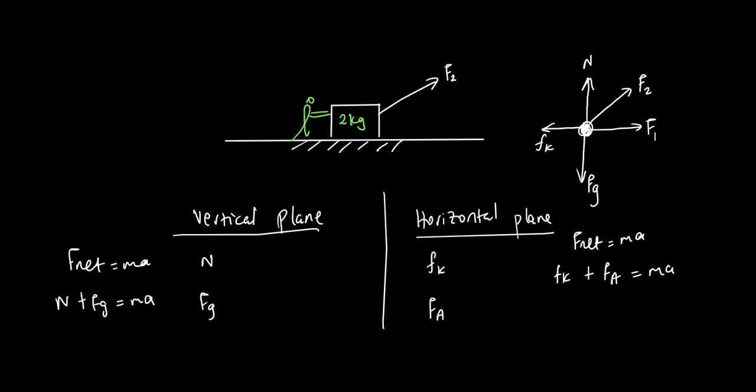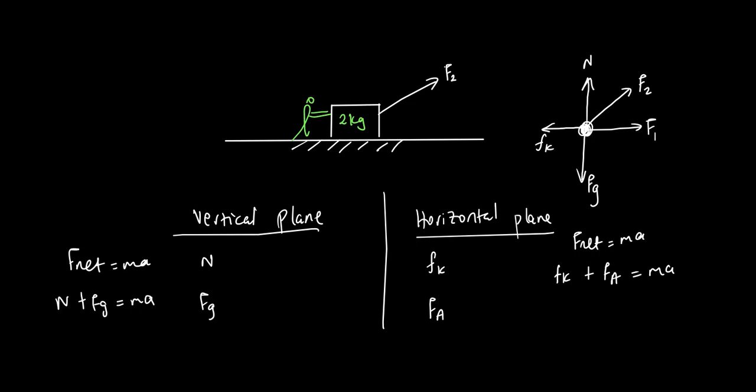Some of you are saying it's between, diagonally. That means you can't describe F2 as either up, down, left or right. You have to do a combination.